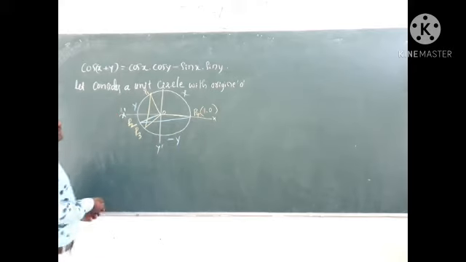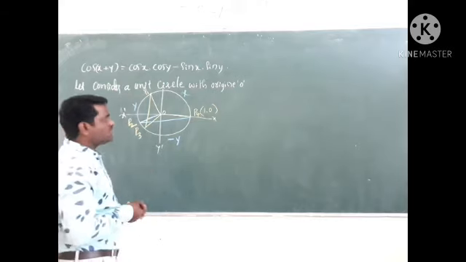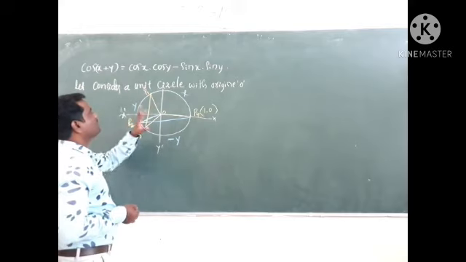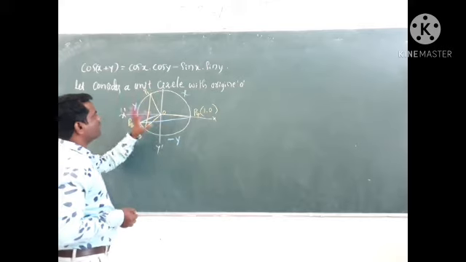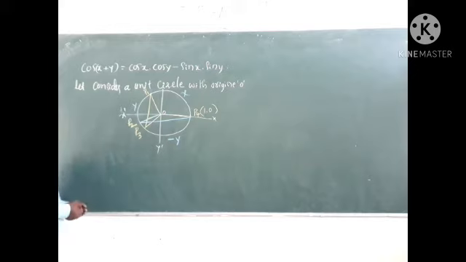Okay. This time we have to draw a unit circle, label the 4 points, and make the angles x, y and minus y. So we go to the next.